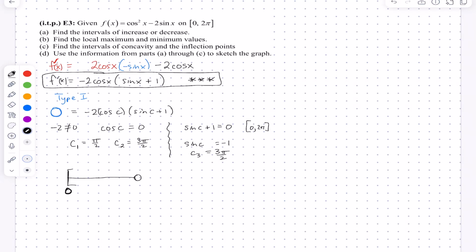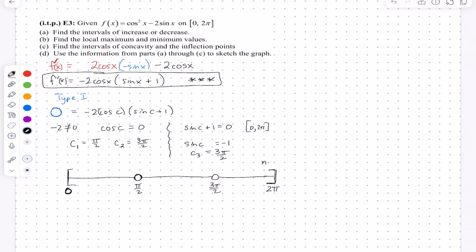The first one ends at pi over 2. And then after that critical number, we have another open interval. It goes from pi over 2 to 3 pi over 2. And then the last one goes up to the endpoint called 2 pi.